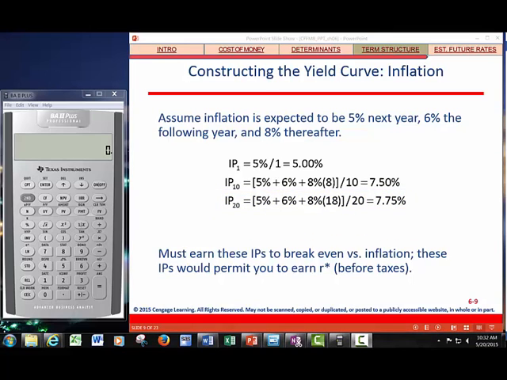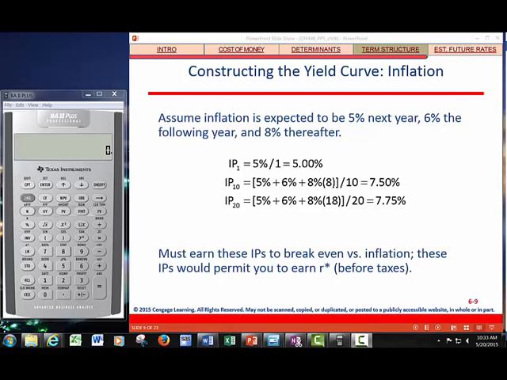Keep in mind that these are pretty high inflation numbers, especially 7.75%. Just to break even with inflation on a 20-year investment, you would have to earn at least 7.75%, plus what you need to earn for the future, like for your retirement.